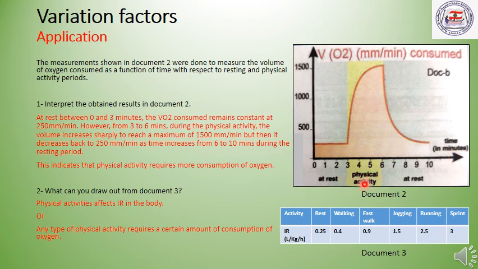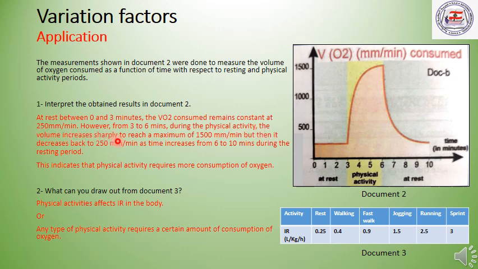The answer is: at rest between 0 and 3 minutes, the volume of oxygen consumed remains constant at 250 millimeters per minute. However, from 3 to 6 minutes during the physical activity, the volume increases sharply to reach a maximum of 1,500 millimeters per minute.